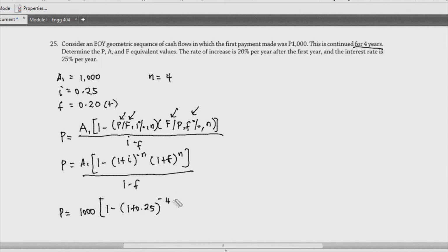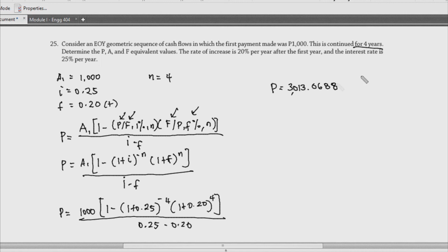So negative 4, and then 1 plus 0.20 raised to positive 4, and then that is divided by, not 1 but I. Actually this is I. So that is 0.25 minus 0.20. So the value of your P is 3013.0688. Okay, so this is the value for our P.